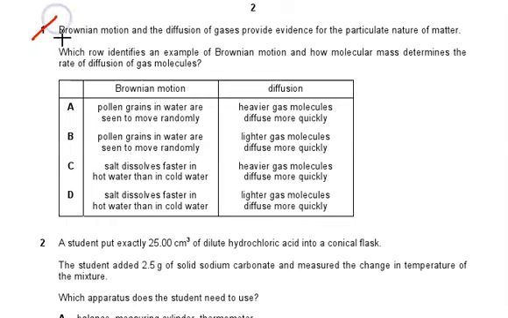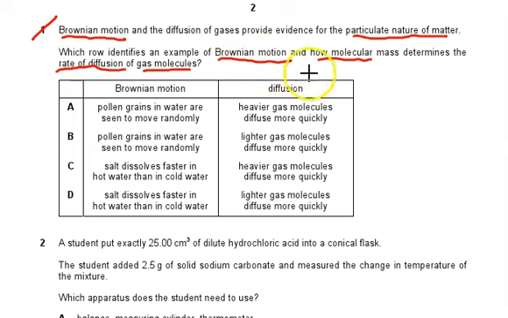Okay, number 1. Brownian motion and the diffusion of gases provide evidence for the particle nature of matter. Which row identifies an example of Brownian motion and how molecular mass determines the rate of diffusion of gas molecules?